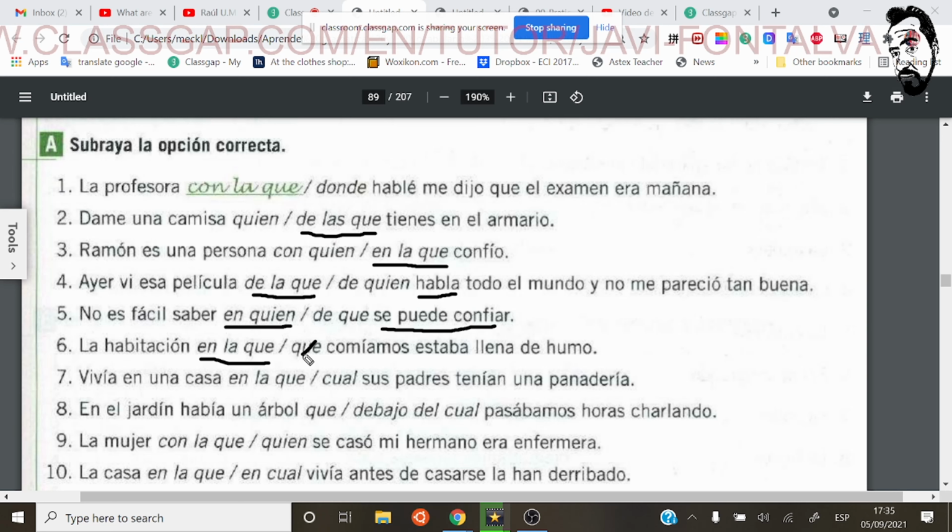Derribar is to knock down. We're talking about a house that we live in, so it will be en la que. So the house where he used to live before getting married was knocked down. Literally, they have knocked it down.